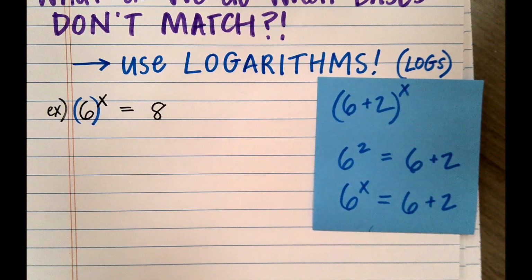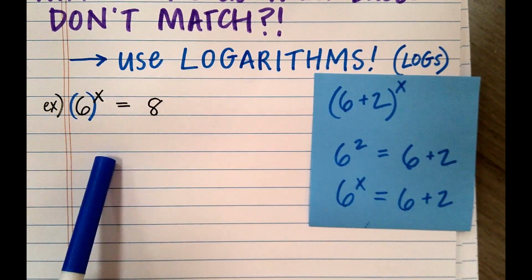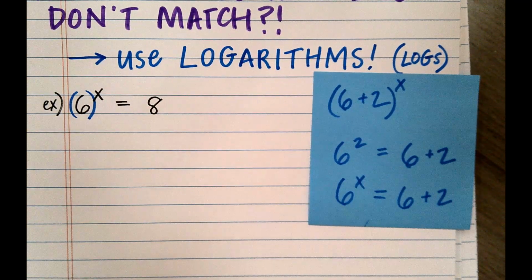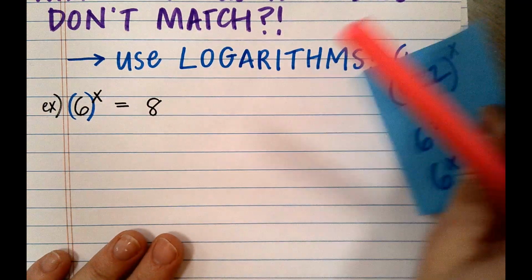Okay, so whenever our bases don't match and we cannot make them match, what we need to do is use what's called a logarithm. So here's what happens. Let me put this fully to the side.